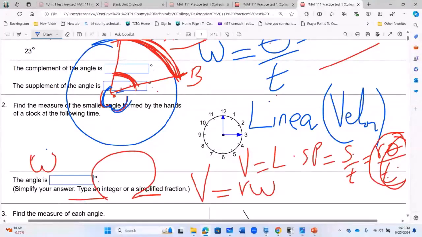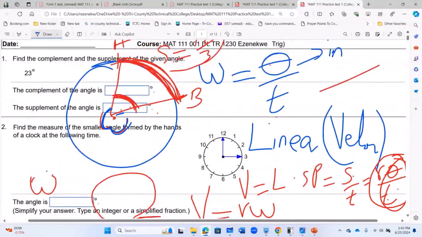The linear speed is the part of the sector, the arc length, that the object moving covered. That's why it's called speed. Linear speed is velocity, and you can say it's omega multiplied by radius.